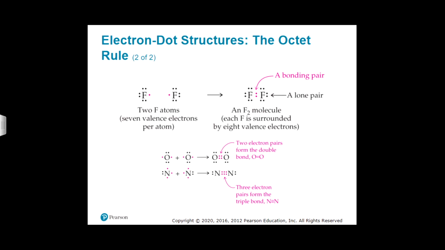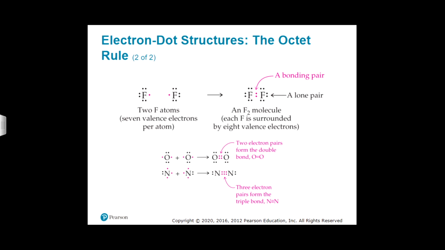We can also look at the diatomic molecules O2 and N2, the elemental forms of oxygen and nitrogen respectively. And if you follow the rules for assigning electrons, where, again, for the individual atoms, the paired electrons are in black and the unpaired are in pink, you can see that for oxygen, each atom has 2 pairs of paired electrons for a total of 4 electrons in black, and 2 unpaired electrons.